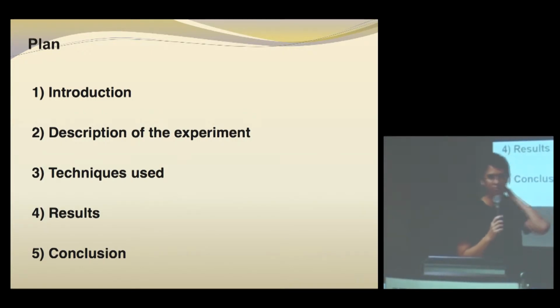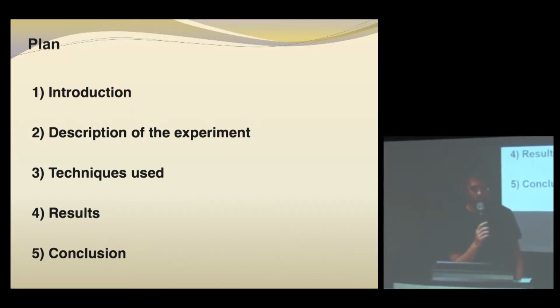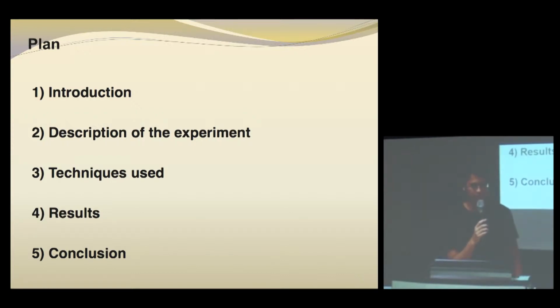First, I will make a brief introduction, and then I will describe a little of the experiment. Then I will explain some of the techniques used. On the fourth part, I will explain the results, and then I will make a conclusion about all these papers.